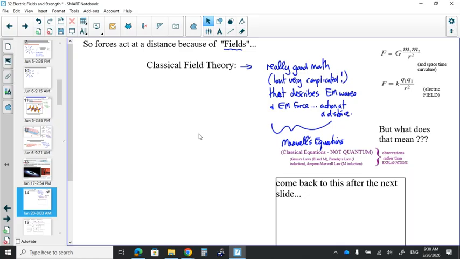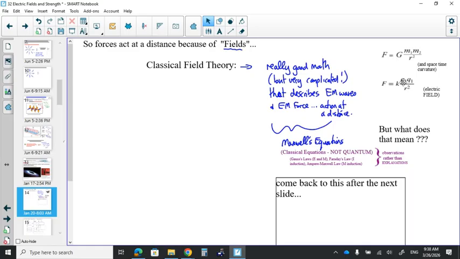All right, so forces acting at a distance because of fields, right? This is classical field theory we're talking about, and we'll continue to talk about in this course. And then I am going to mention the newer, better, real version. So classical field theory, really good math. You have this field theory equation of GMM over R squared.